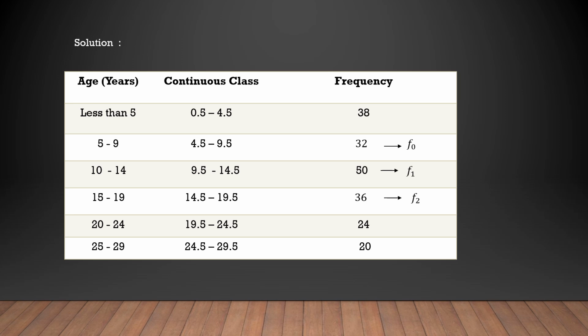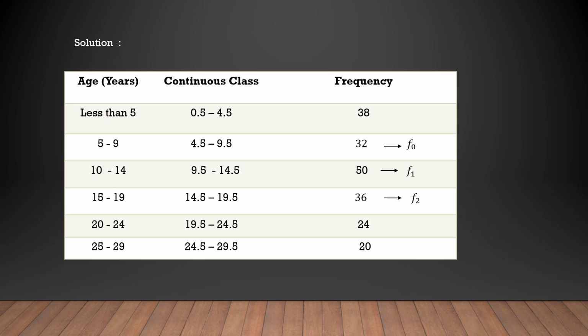Here we subtract 0.5 from this 5, so 5 minus 0.5 is 4.5. So 4.5 to 9.5: here we subtract 0.5, and here we add 0.5. So the range of the class is 4.5 to 9.5.